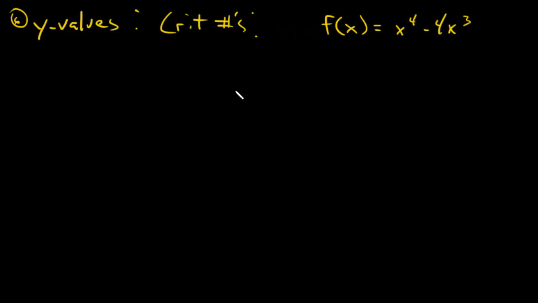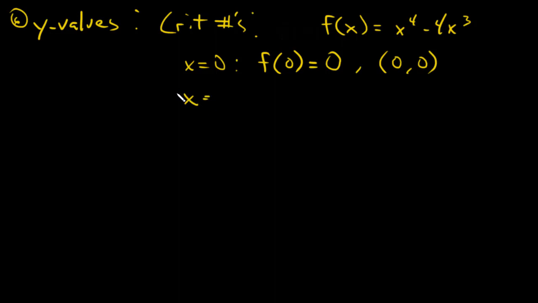Okay, so critical numbers. I had one at x equals 0, so at x equals 0, I get f of 0, 0 minus 0, that is 0. So I get a value at 0, 0, the origin. The other critical number was at x equals 3.